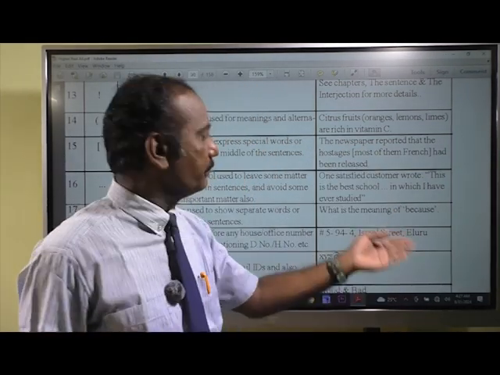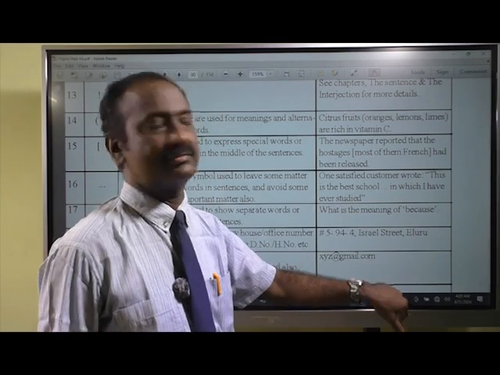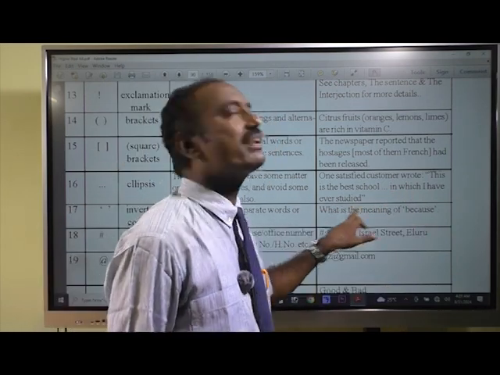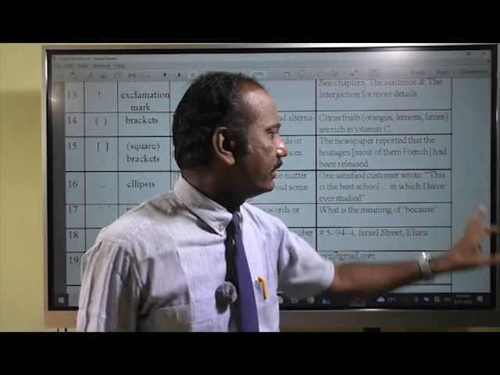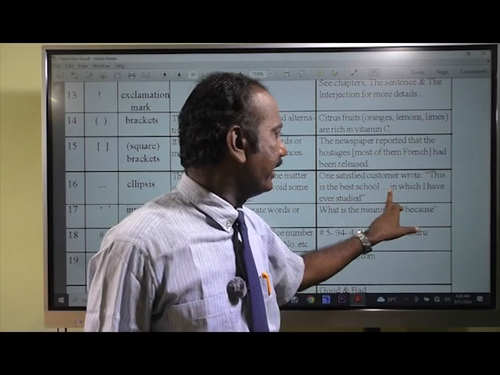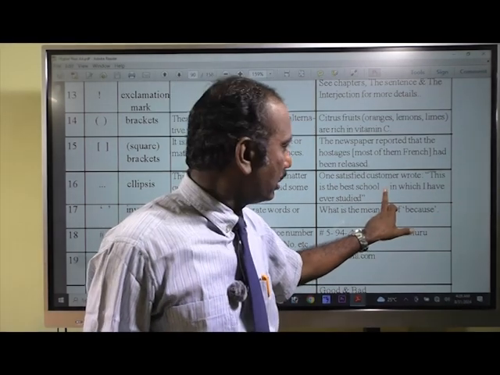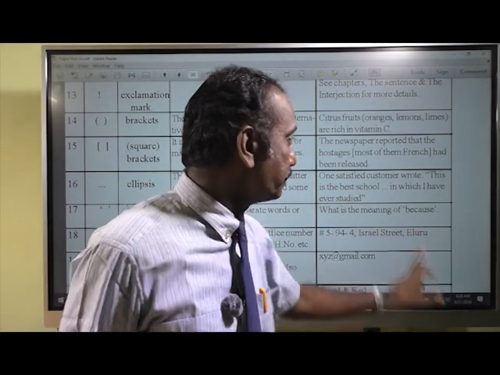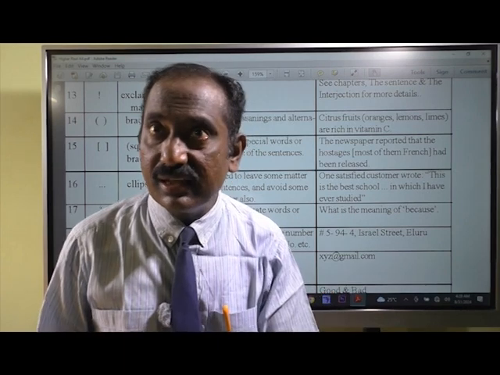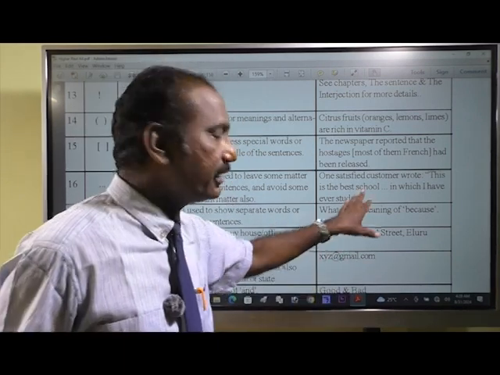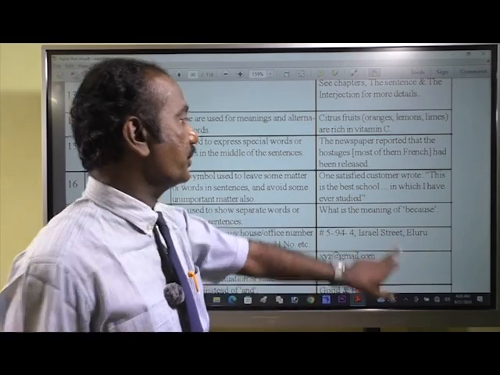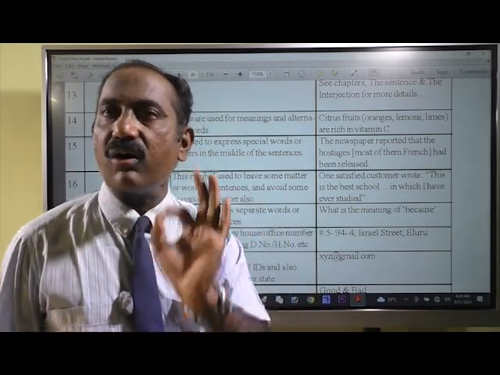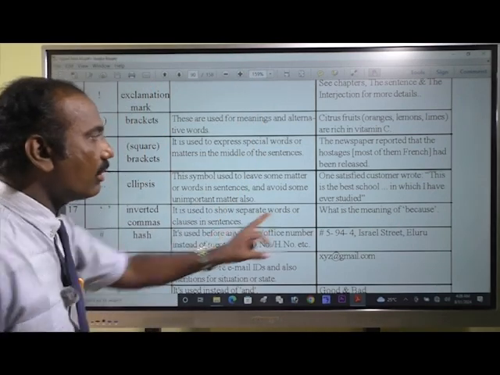He praised in many things, they are not important, but in which I have ever studied. Some praises are there, but the important one is mentioned, unimportant things are removed or avoided. This means there are so many things, but they are not important here, or we are unable to reveal them here. In such situations, we use three dots. They are called ellipses.